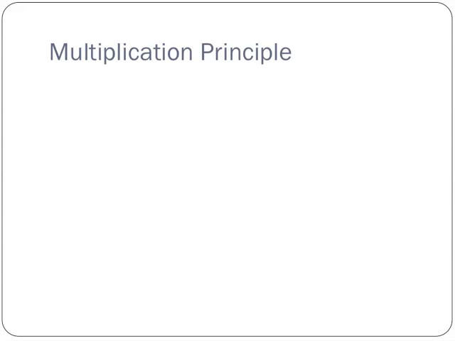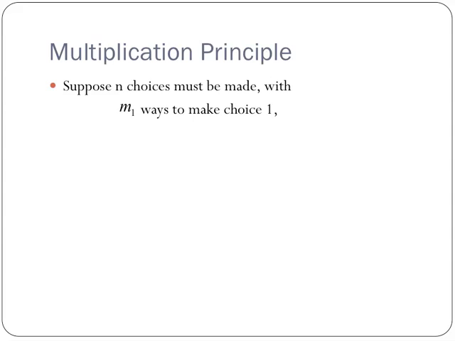So for example, let's say you had some n number of choices that you had to make, and for the first choice you have M1 ways to make choice 1. You can fill it in with any number there.